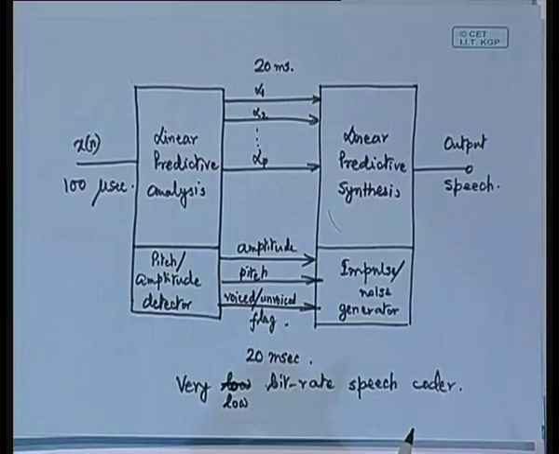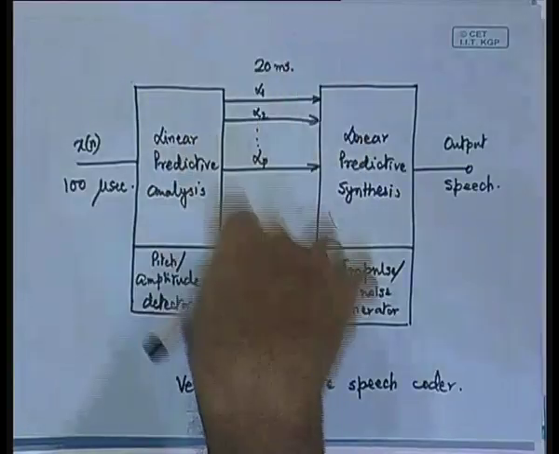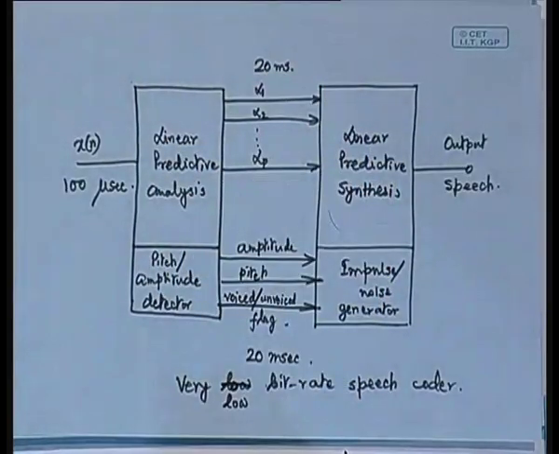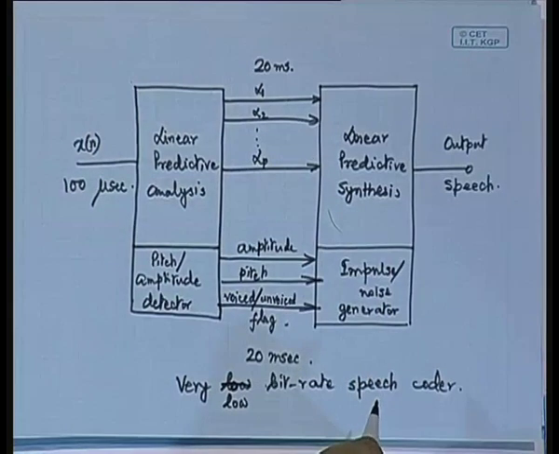But actually, rather than doing this, we can extract the formant frequencies, because within this alpha 1 to alpha p, the formant frequency information is also kept hidden. So we can send the formant frequencies, which means we have to derive them from these alpha 1 to alpha p's.